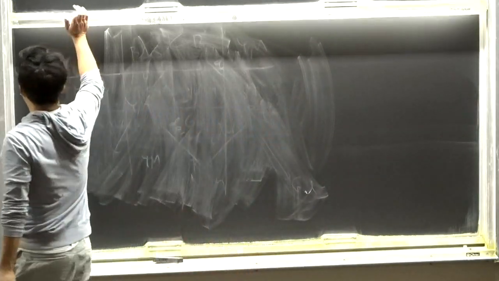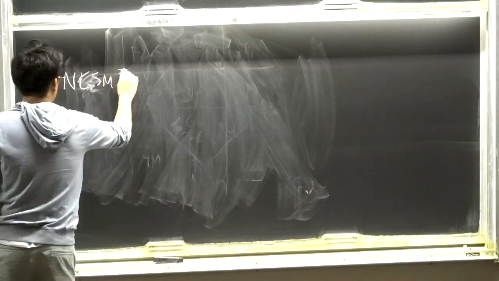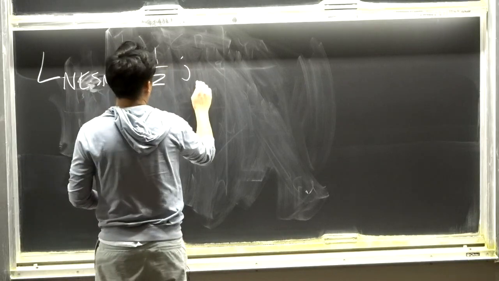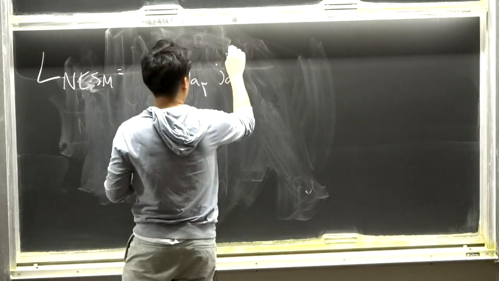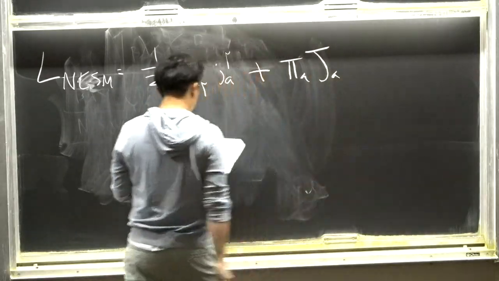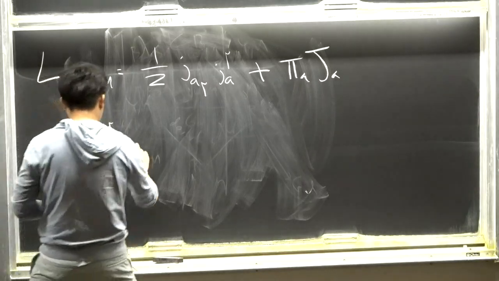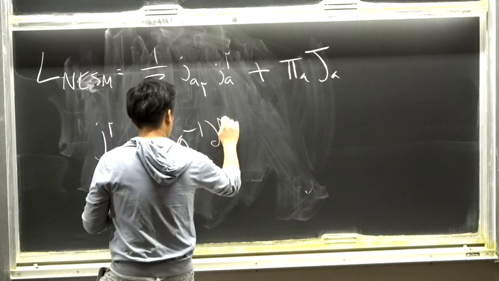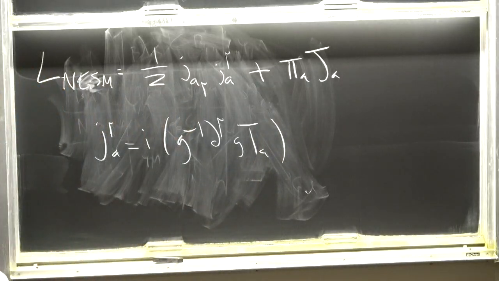All right, how do we see this? Well, let's take the NLSM and write down the Lagrangian. 1/2 J^A_mu J^A_mu plus pi^A J^A, where J^A_mu is the so-called chiral current, G inverse partial_mu G, T^A. To be very explicit, G is some group element.